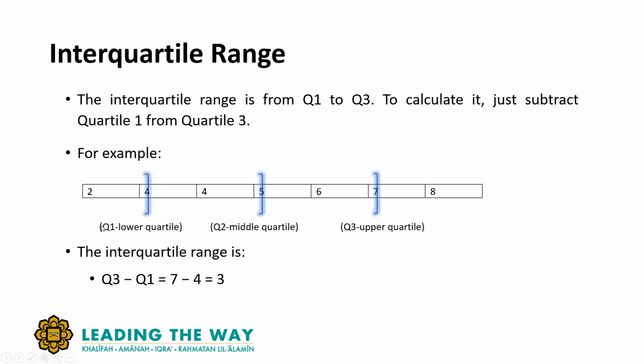The first quartile is 4, the second quartile, the median, is 5, and the third quartile is 7. To find the interquartile range, you take the upper quartile minus the lower quartile, and you will get the interquartile range.